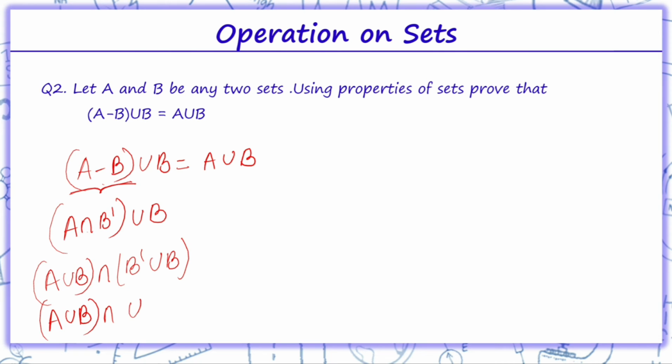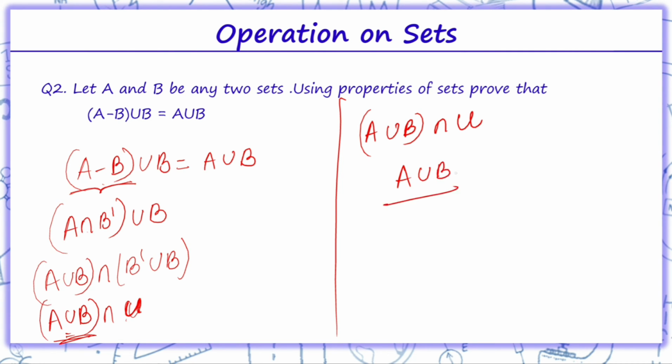Obviously it will be universal set. So this will be indicated by U, and the intersection of these two will be union only. So therefore A union B intersection universal set can be written as A union B only.